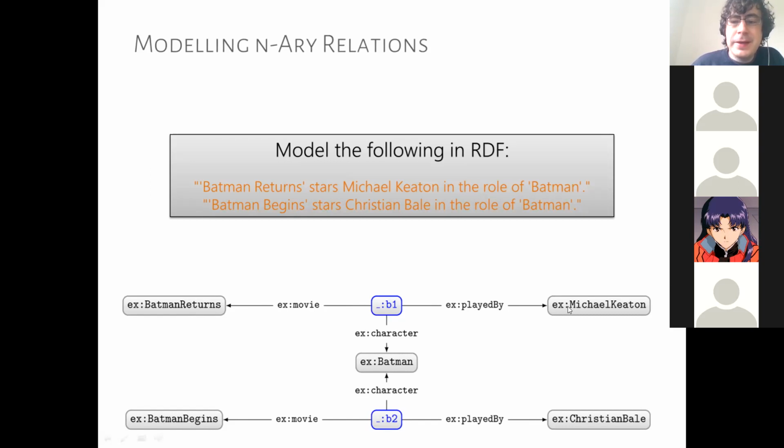B1 played by Michael Keaton would be another triple. B1 character Batman, and so forth. So we would have 1, 2, 3, 4, 5, 6 triples in our RDF graph. So every edge here, every arrow here would represent a different triple. Okay, thank you. Okay, any other questions?